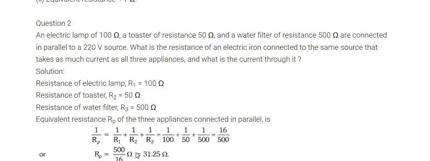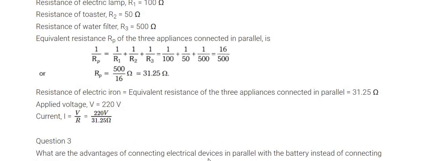Putting in the values, 1 upon 100, 1 upon 50, 1 upon 500, we get 16 by 500. So Rp, the equivalent resistance in the parallel connection, is 500 divided by 16, so we get 31.25 ohm.